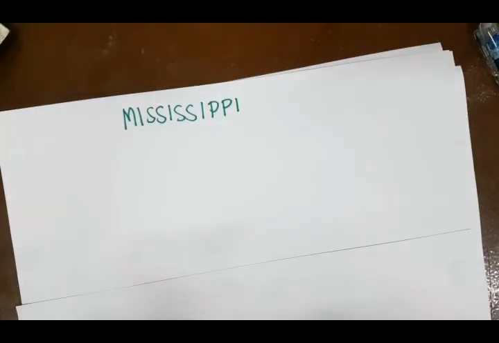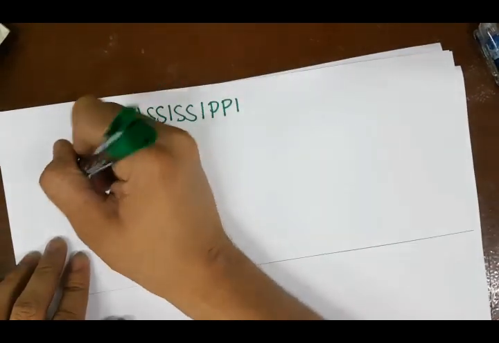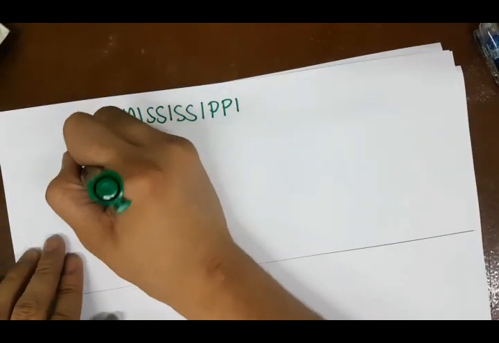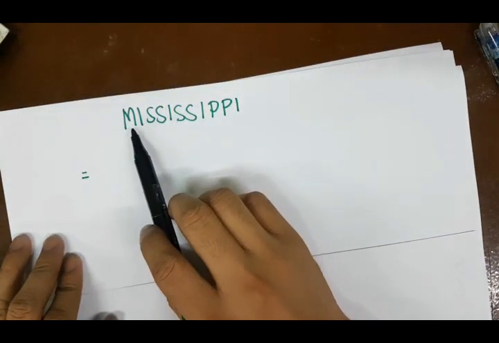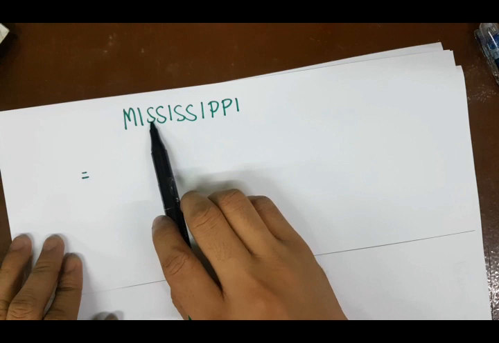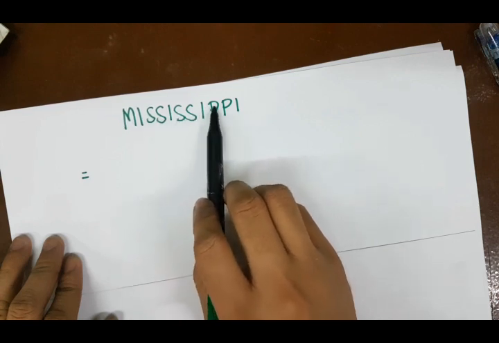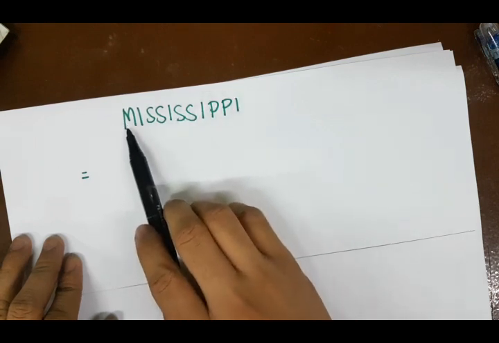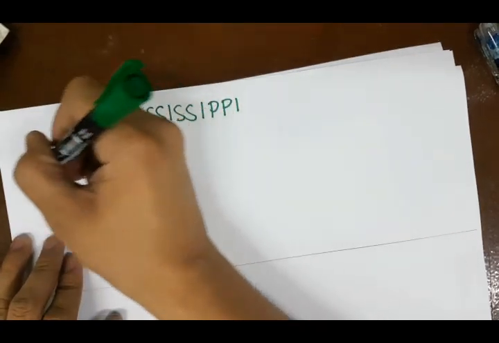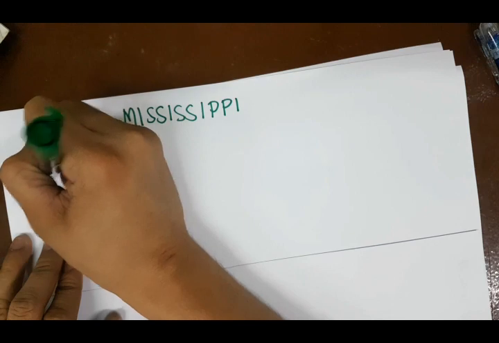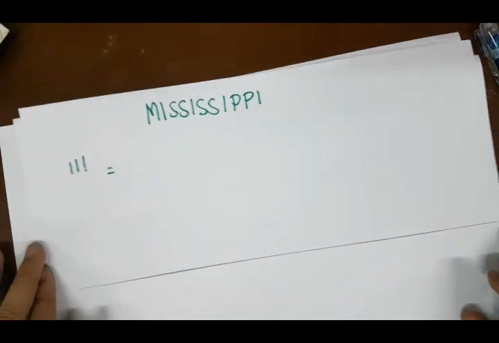We're going to use the formula for permutations. So n, how many letters do we have? 1, 2, 3, 4, 5, 6, 7, 8, 9, 10, 11. Let's count again to make sure: 1 through 11. So there are 11. So 11 factorial.